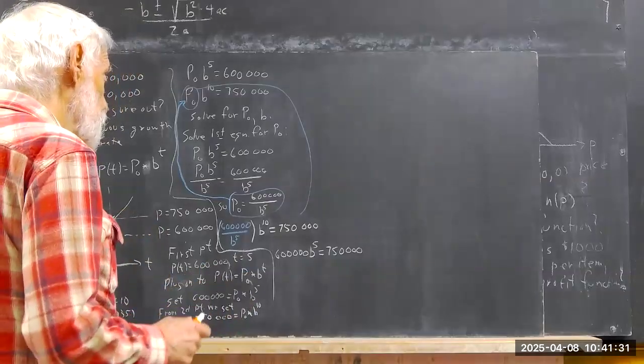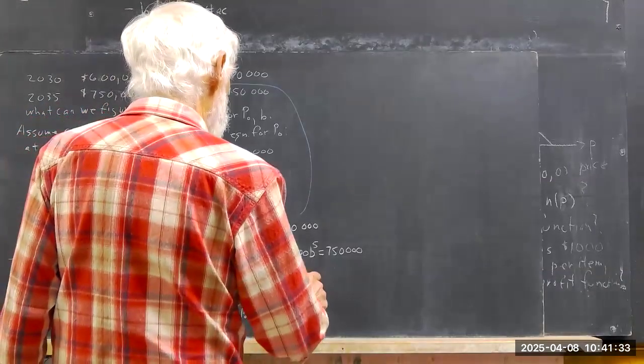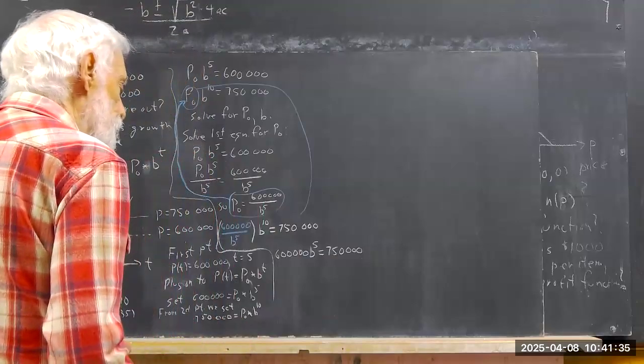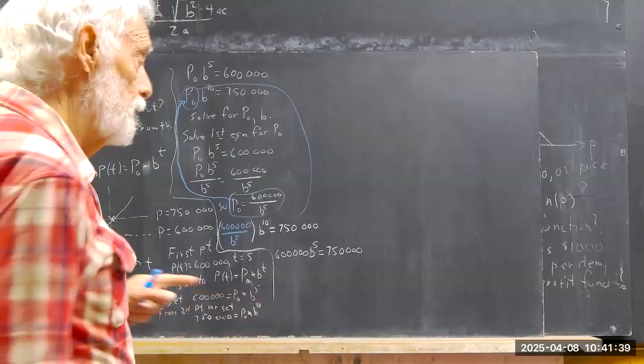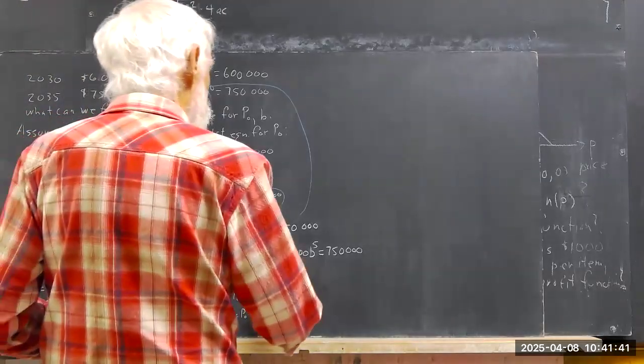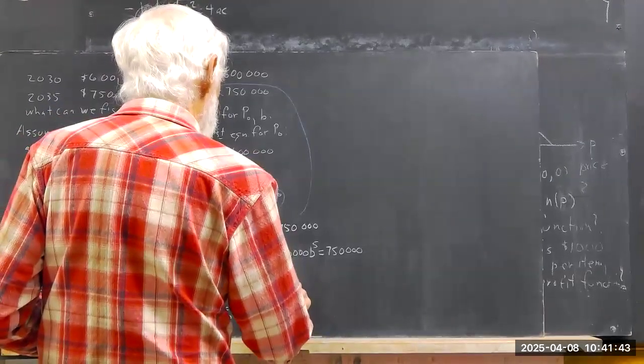And of course, you've got to be pretty good with the rules of exponents. Can you solve that for B? First thing you do, you've got to divide both sides by 600,000.